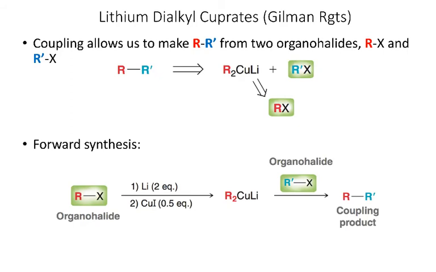So sort of thinking backwards, if I have two alkyl halides that I want to connect together, I can turn one of them into a Gilman's reagent, react that with the second alkyl halide, and I'll get my coupling product.